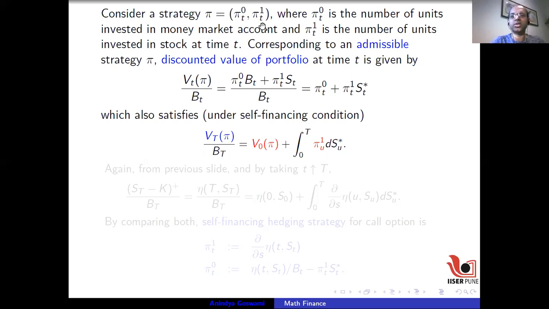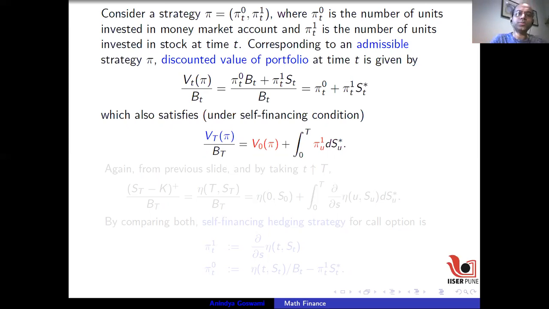Otherwise you cannot find the gain function. You also need adaptedness and finite expectations. Those are mathematical conditions that I believe you have already seen. We call all those conditions together an admissible strategy.